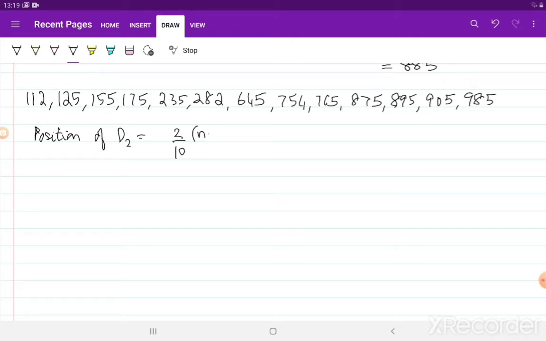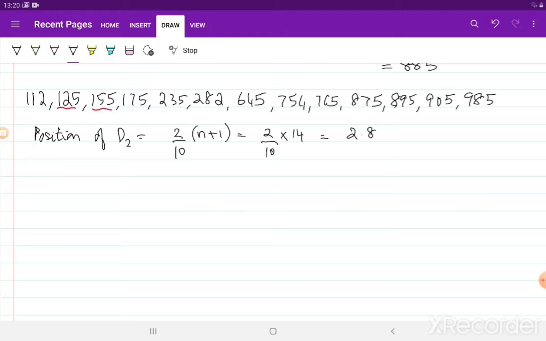So, 2/10 of (n+1), which is 2/10 of 14, which is 2.8. So, the 2.8th element is your D2 value. As you can see, the second value is 125 and your D2 value lies between the second and the third, that is between 125 and 155.